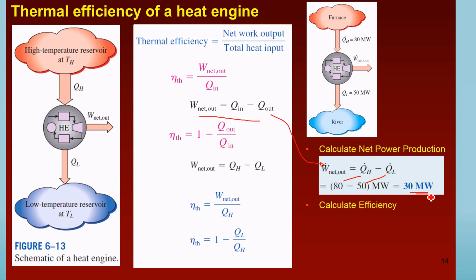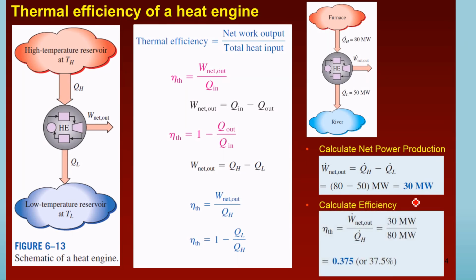That is going to be 30 megawatts. The efficiency is defined as W net out divided by QH for a heat engine. That is going to be 30 megawatts divided by 80 megawatts, which is equal to 37.5% efficiency.